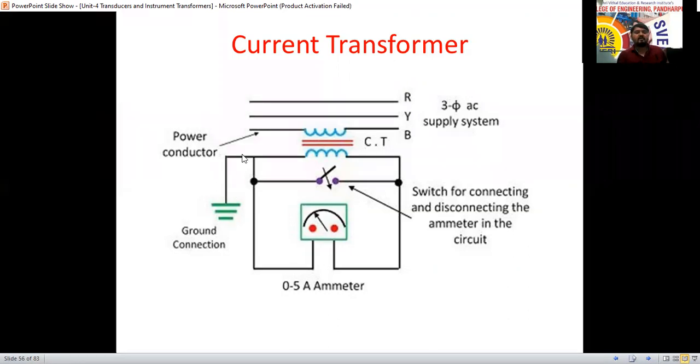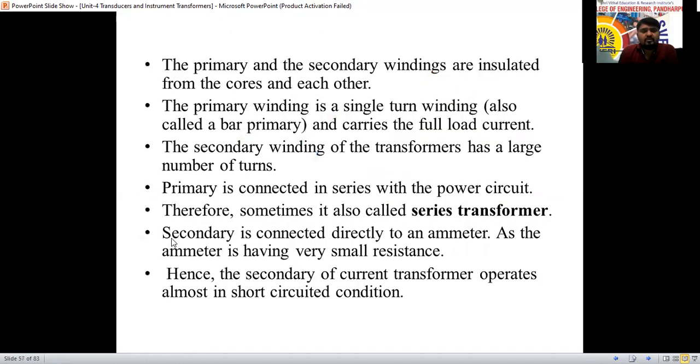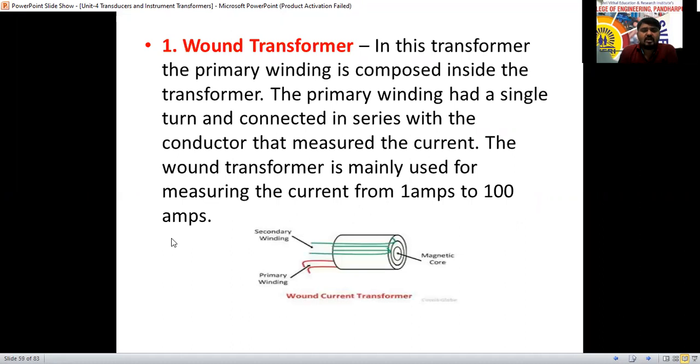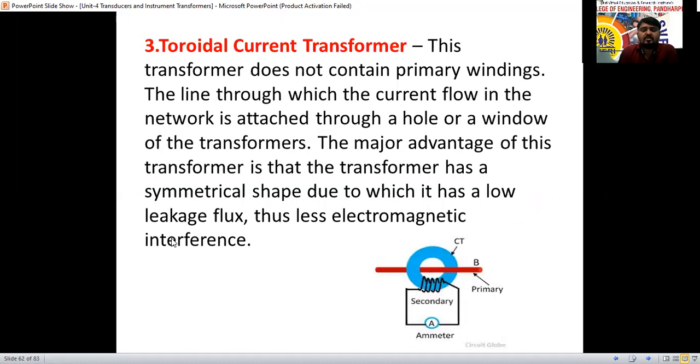We have also grounded this terminal for over voltages or fault conditions, to bypass them. We discussed three types: wound type, bar type and toroidal type current transformers.